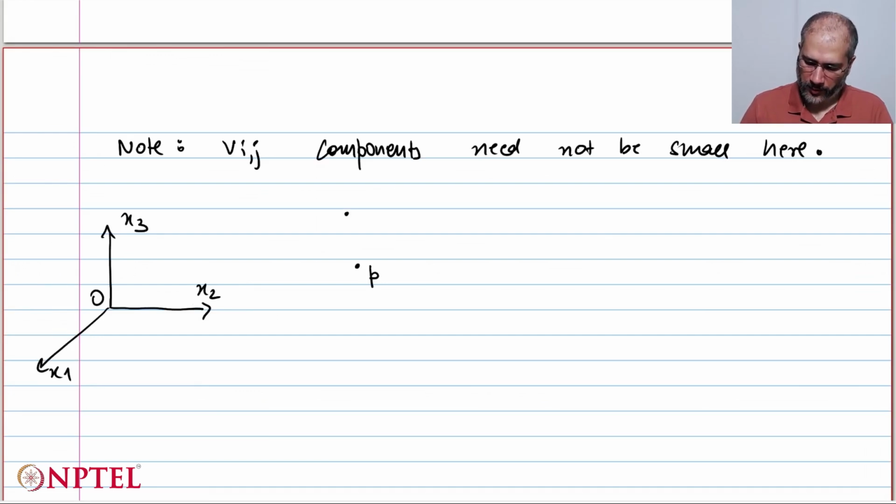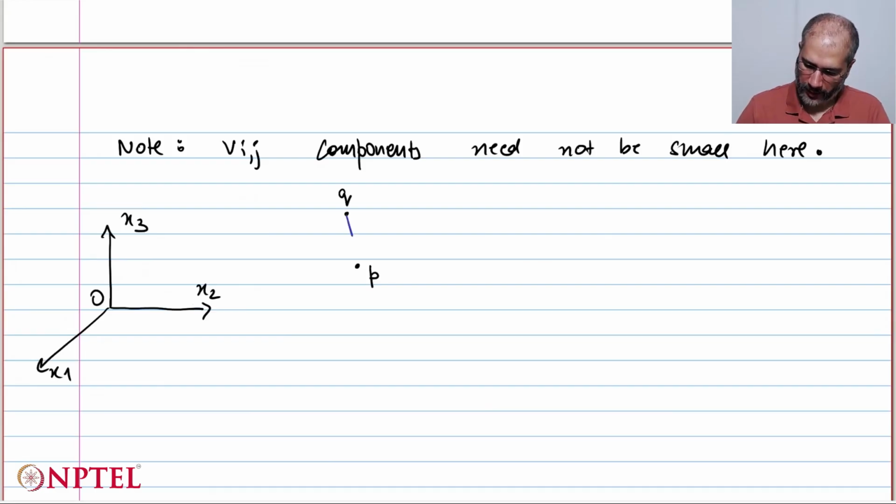And we take a point q. Now this point q can change, and this will help us analyze the rate of deformations of different points around the point p. So all the quantities such as Lij, Dij or Wij will be defined at the point p because our analysis is around the point p.